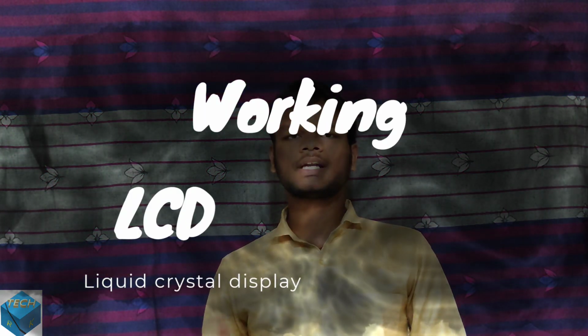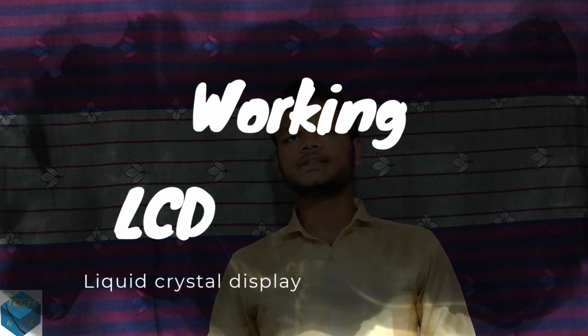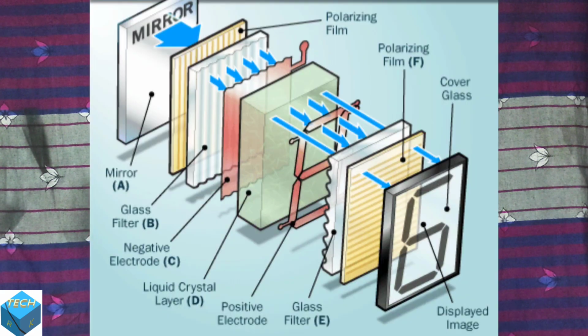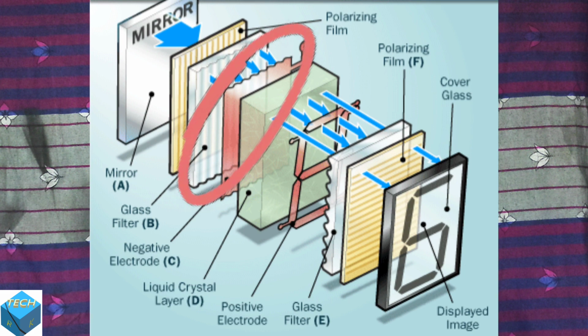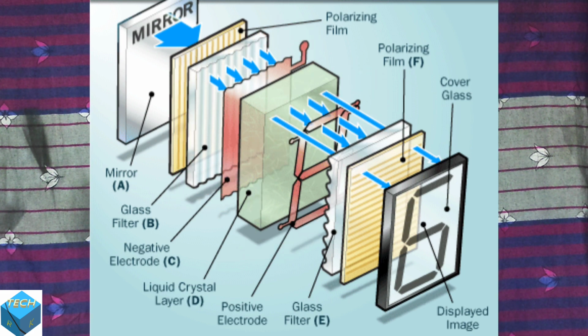The next part is working. The first step of working is the backlight. We turn on the backlight, then the light falls on the polarizer. This polarizer allows only a certain amount of light to the next layer. And here we have two electrodes, one negative and one positive, and in between we have the liquid crystal layer.